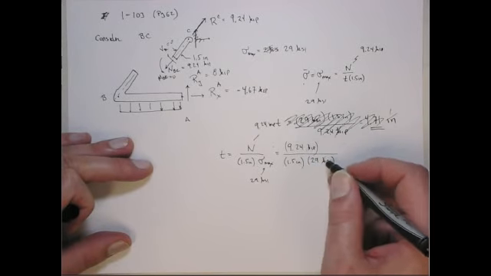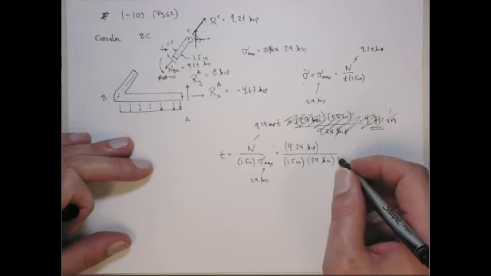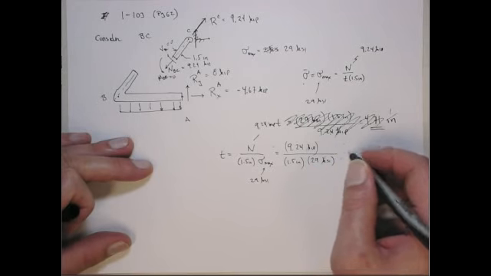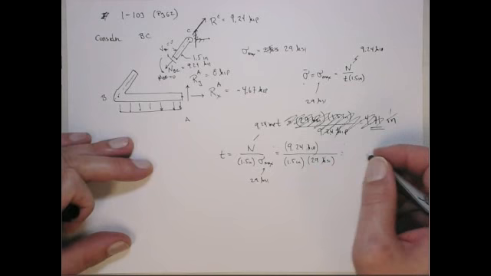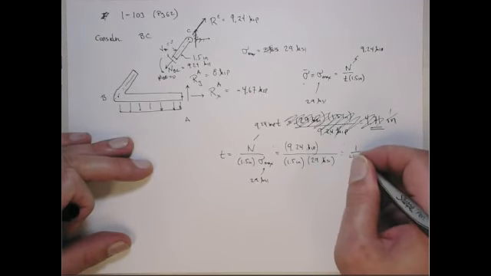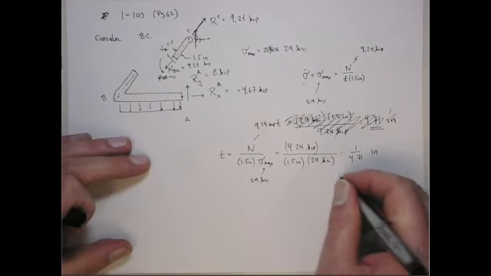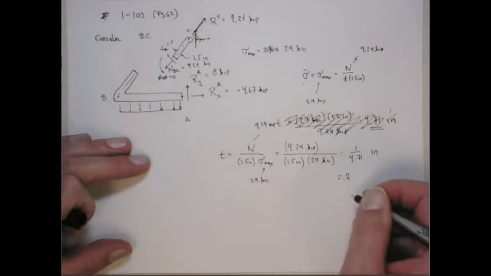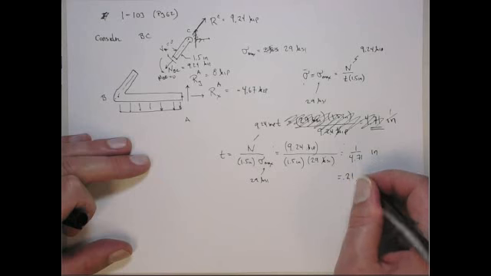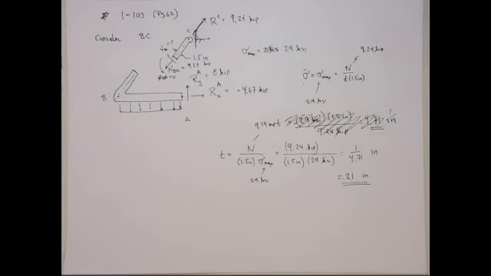Inch squared, so this is a 1 over inch, which puts inch in the numerator. So that's 1 over 4.71 inches, okay? Which is 0.21 inches, okay? Which looks a little more to scale, okay? So that's the thickness of element BC. All right? Okay.